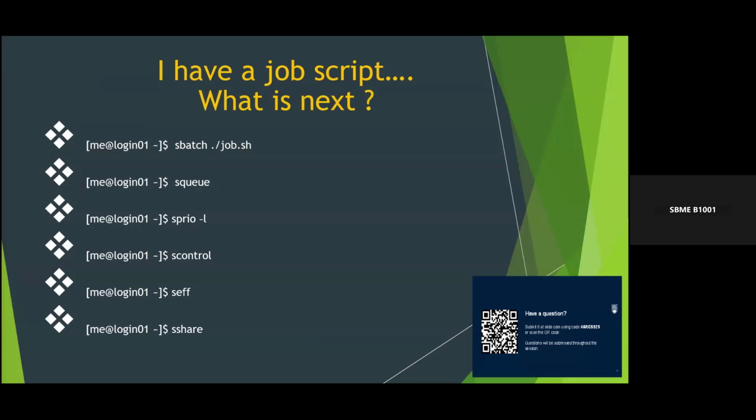scontrol allows you to query running or pending jobs, and look at what they are requesting. For a finished job, the seff command tells you the Slurm efficiency, so how efficient your job was. Finally, sshare will give you how much resources you have used.